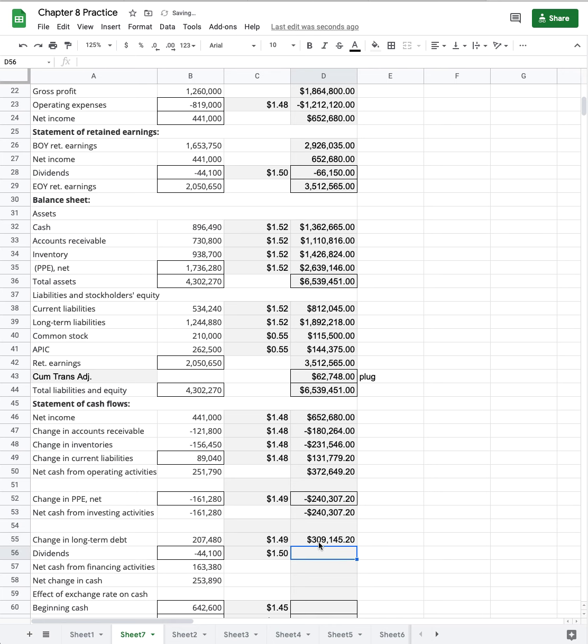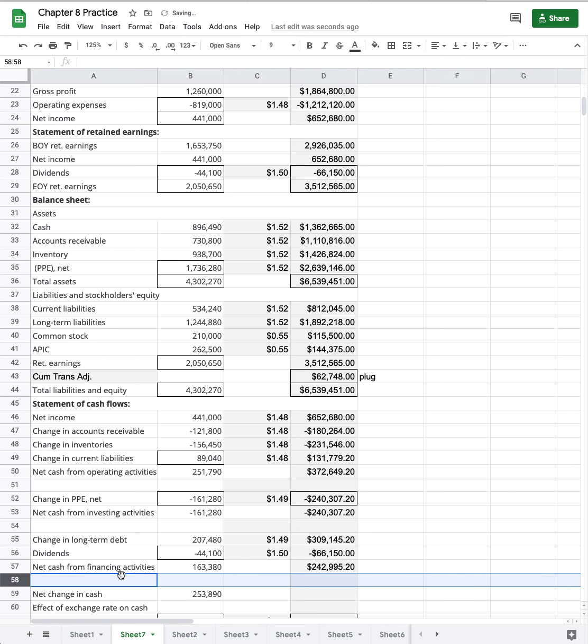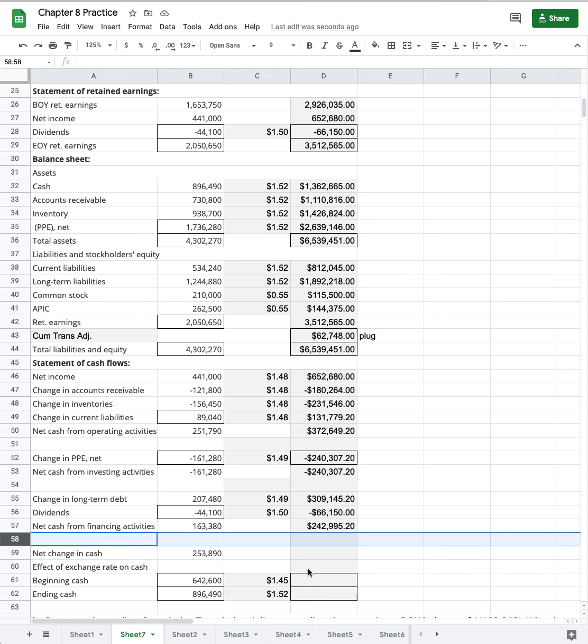And then we'll do our change in long-term debt and our dividends. Add those together to get, insert this row, that we've had financing activities that provided $242,995.